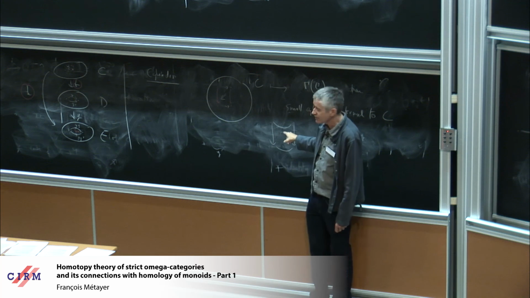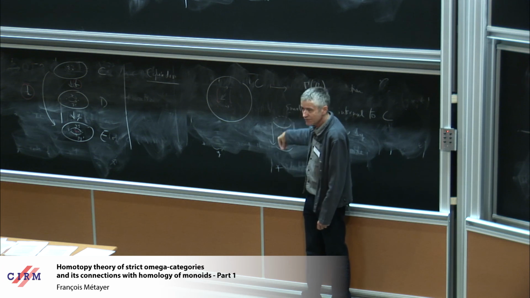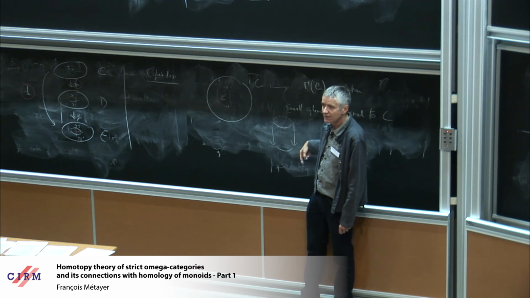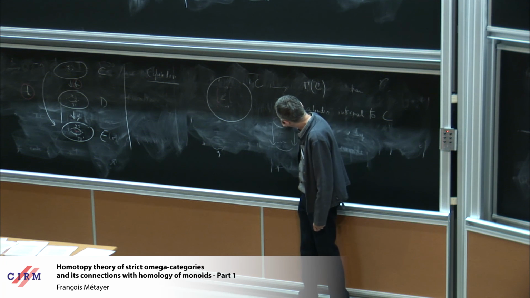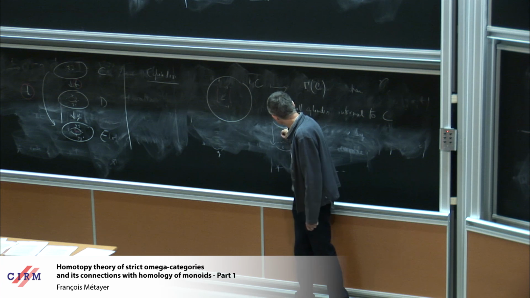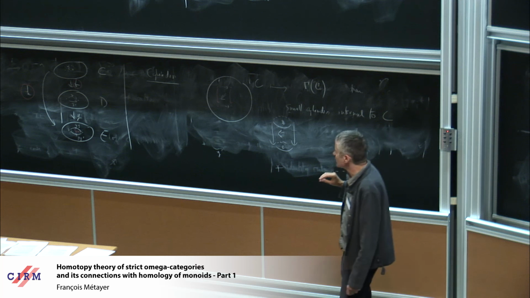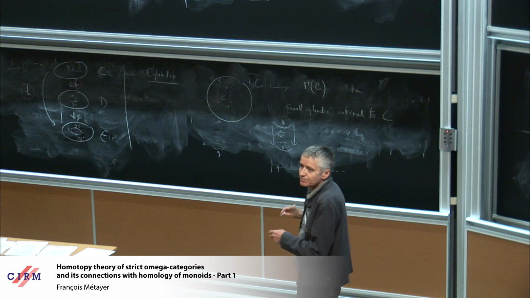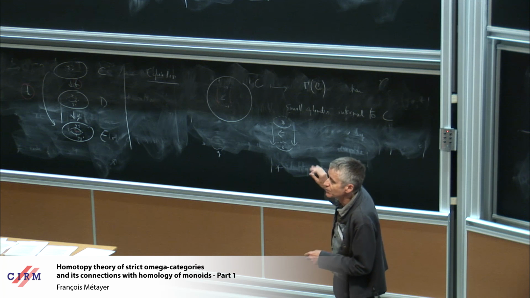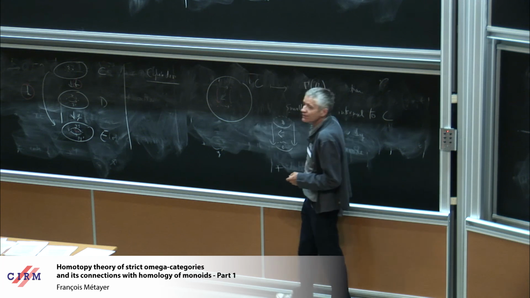So two cylinders of same source and target will appear like this, so like there's a hole inside, of course. And the two cylinder will consist in putting a top here, a bottom here, and in between a three cell connecting what has to be connected, and so forth. So the main part is to prove that those cylinders consistently define another omega category.